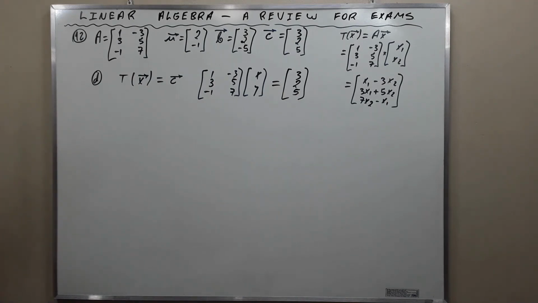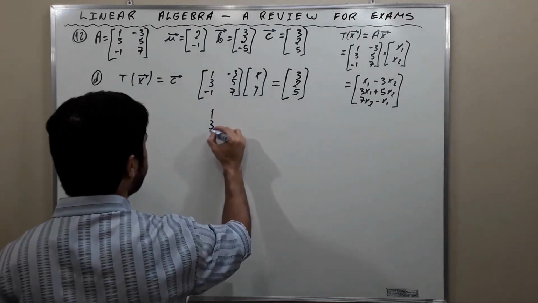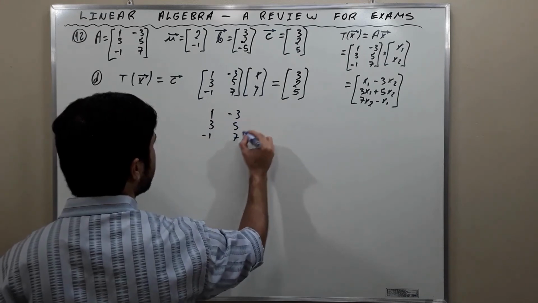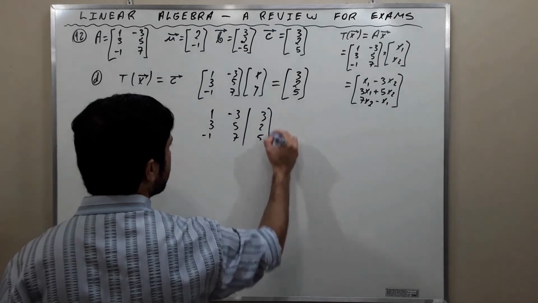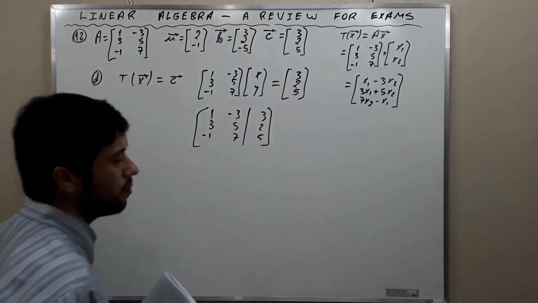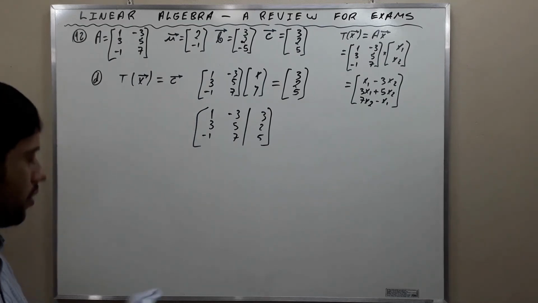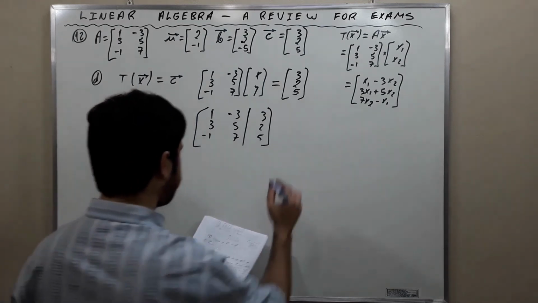Okay, operating on the rows of the augmented matrix, this is the augmented matrix, and if we operate on the rows of the augmented matrix, we find this.